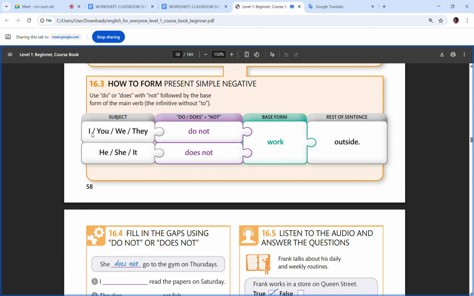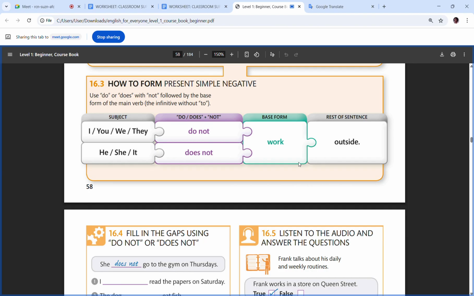So I, you, we, they take do not, and then work is the base verb. When we say base verb, it means the verb in a simple form. It's not in the past, it's not in the future, it's in the simple form.